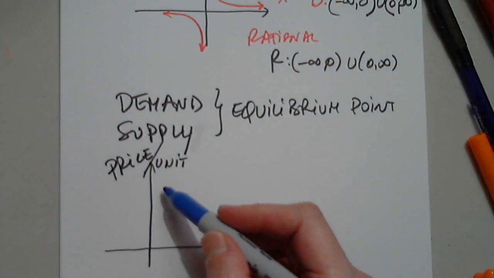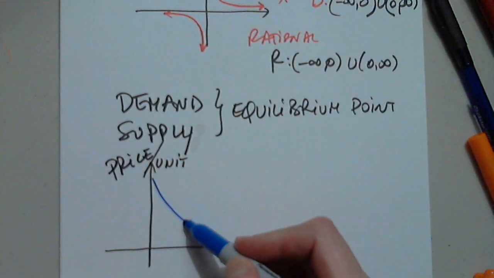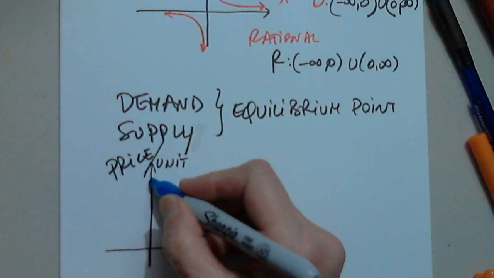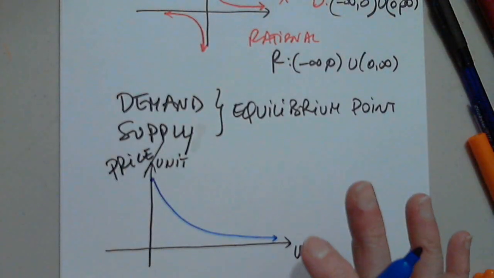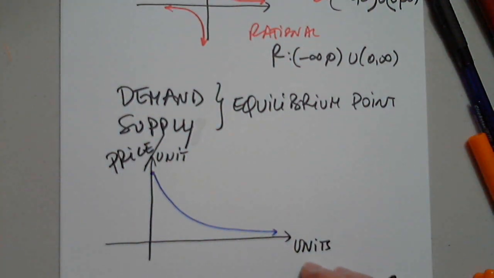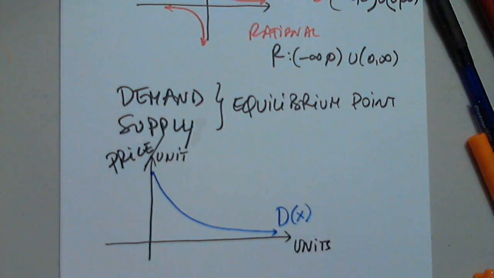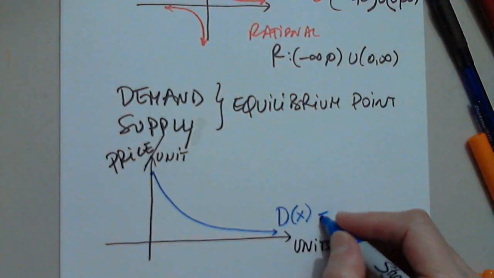So here's the demand function. It's an example. We're going to look at a few of them in a minute. So why is this a demand? And normally it is denoted by D or D of x, the demand function.